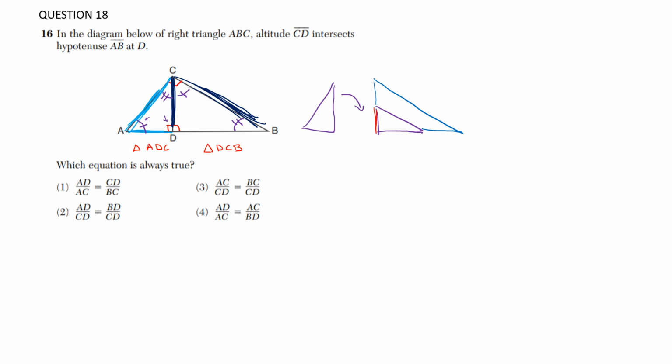We're comparing this leg to this hypotenuse, and this leg and this hypotenuse. So this relationship agrees with these similar triangles. And I'm not going to go over it, but you can see that while going through the other answer choices, they don't express that same proportion between these similar right triangles. Therefore, our answer choice is 1.